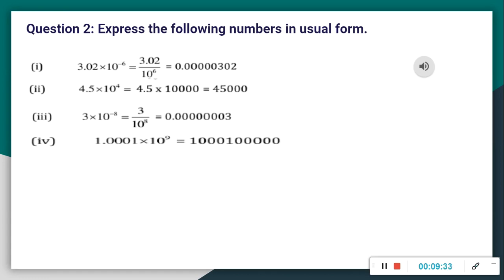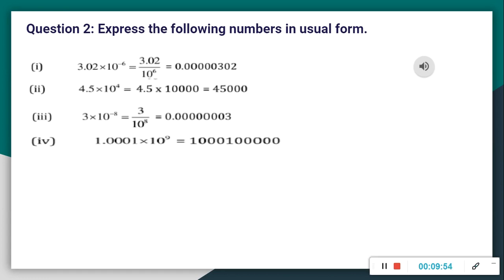Fourth one. 1.0001 into 10 raised to 9. The power is positive, right? So you have to shift the decimal to the right side. Here 4 decimal digits are already there, 0001. Now 4 is already used, so add 5 more zeros there.